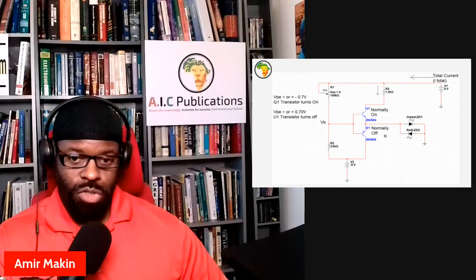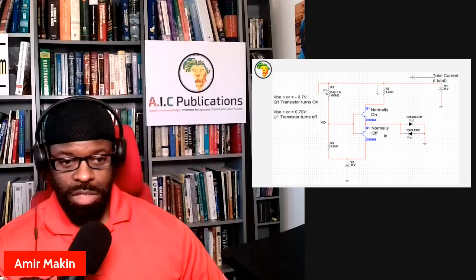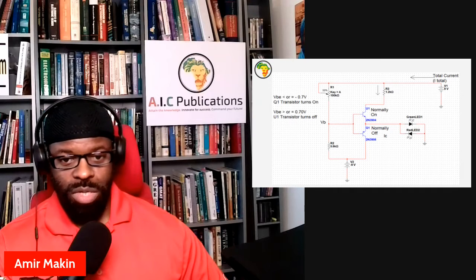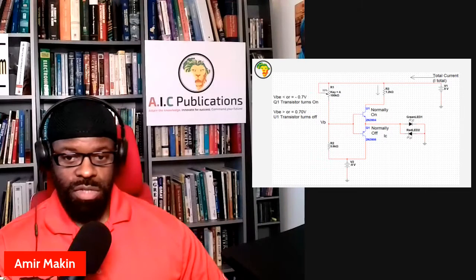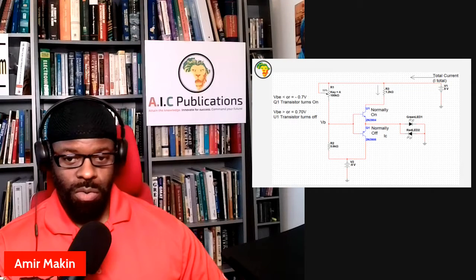So long story short, for the normally on transistor, whenever there is a voltage that's positive greater than 0.7 volts, this transistor here, the NPN, will conduct current from the base, which is coming from VB, all the way down to where you see the arrow flowing out, and the green LED should turn on.